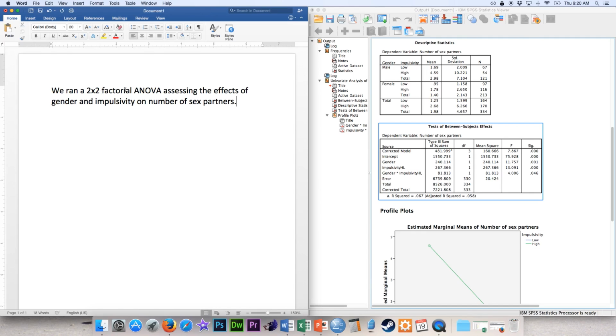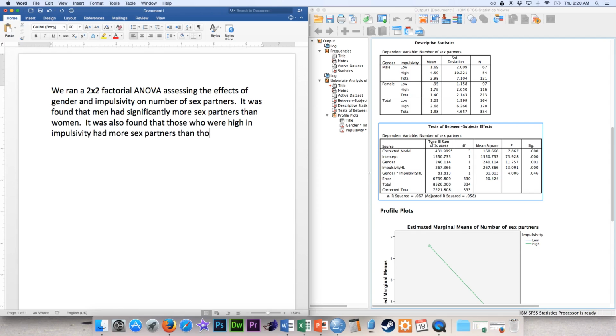So this first one is just telling us basically what kind of analyses we ran. Like I say, it was found that men had significantly more sex partners than women. It was also found that those who were high in impulsivity had more sex partners than those who were low in impulsivity.